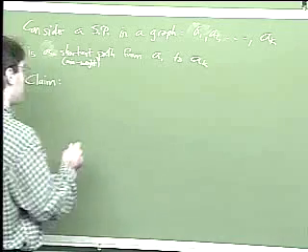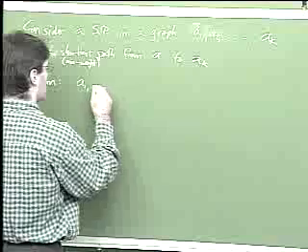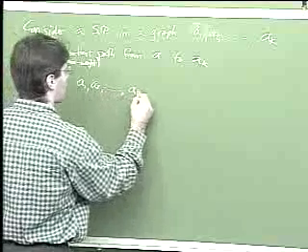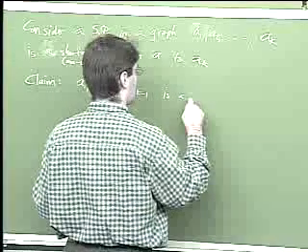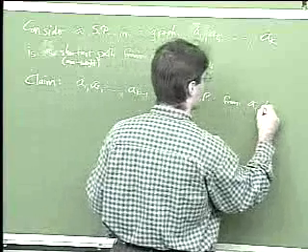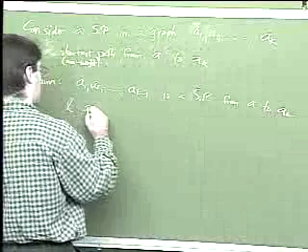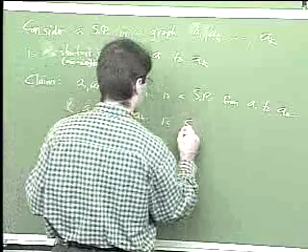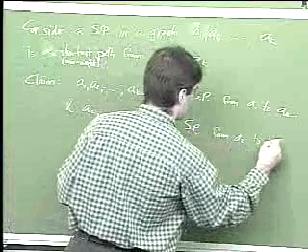Okay, so my claim: A1, A2, ..., A sub K minus 1 is a shortest path from A1 to AK minus 1, and A2, ..., AK is the shortest path from A2 to AK.